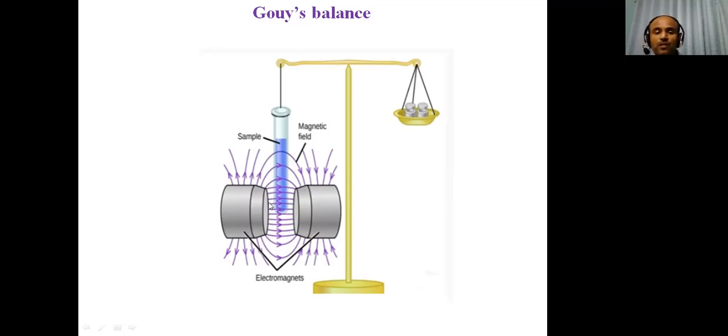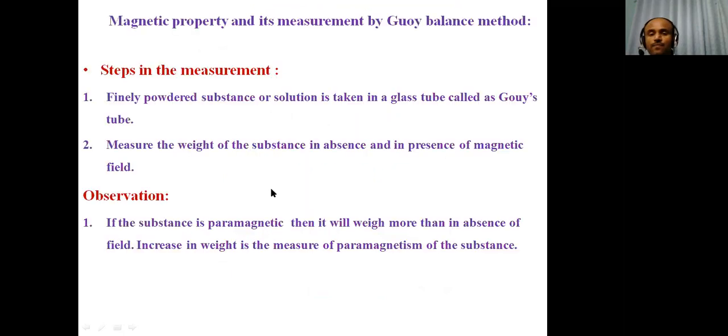Now when an external magnetic field is applied, there is an interaction between the magnetic field applied and the magnetic field of the material.